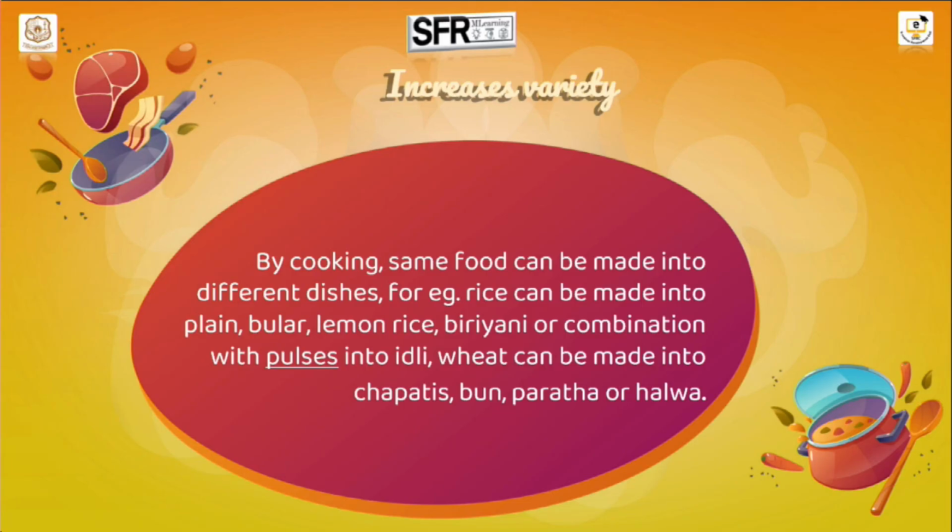Then we can take white rice as it is. When we combine it with lemon or green leafy vegetables, it will produce other recipes. So when we combine raw materials and use a variety of materials for the recipes, it leads to an increase of variety in the human diet.